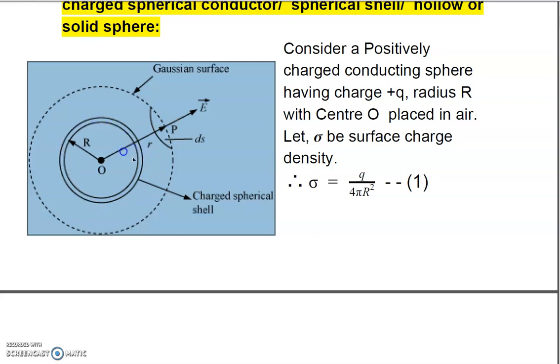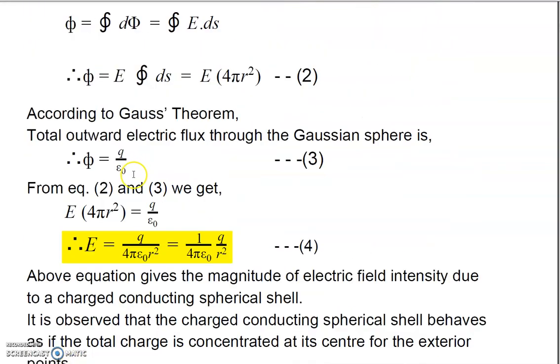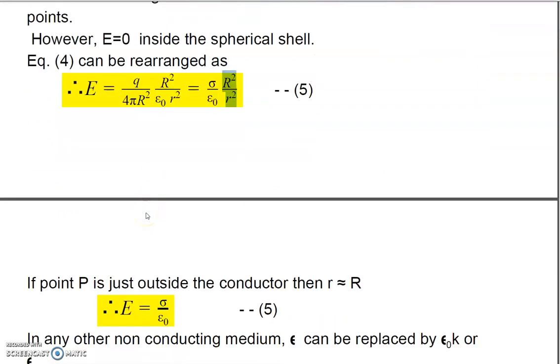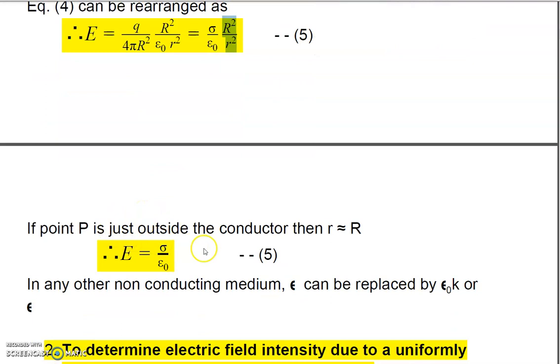In that case, capital R and small r, both values are almost equal, and this term would then become 1. Capital R squared upon small r squared will be 1, and the equation would just look like, for point P which is just outside the conductor, E is equal to only sigma upon epsilon 0.